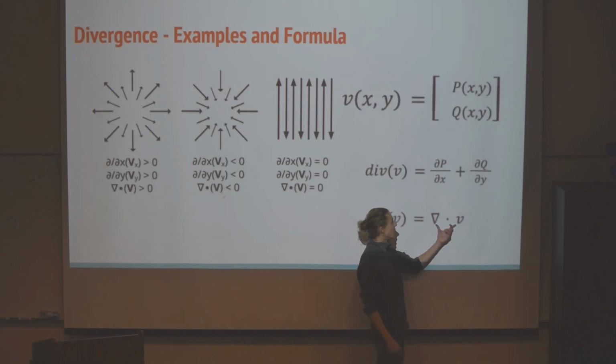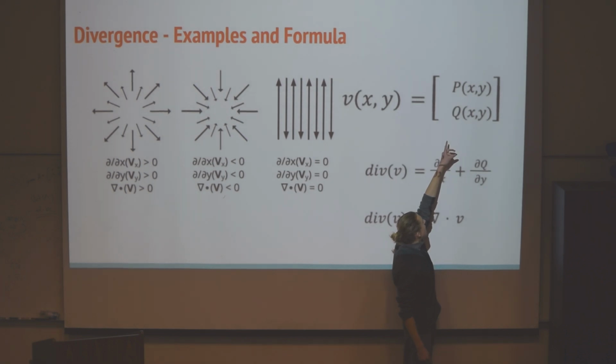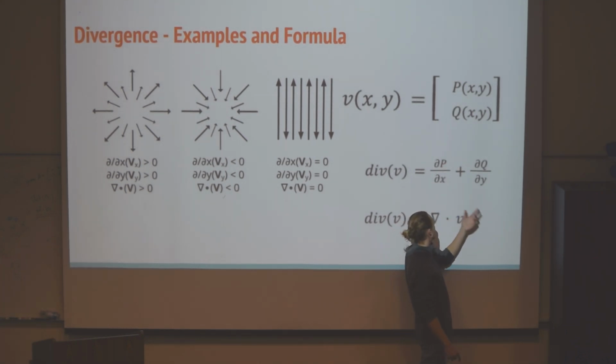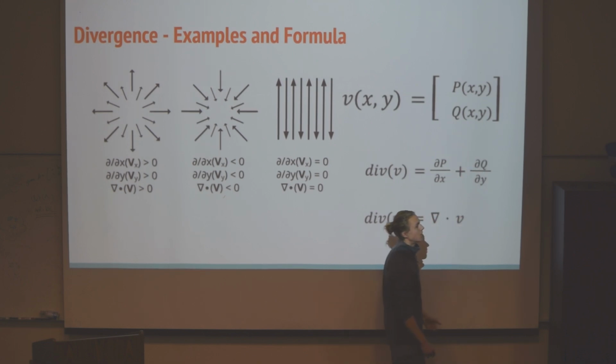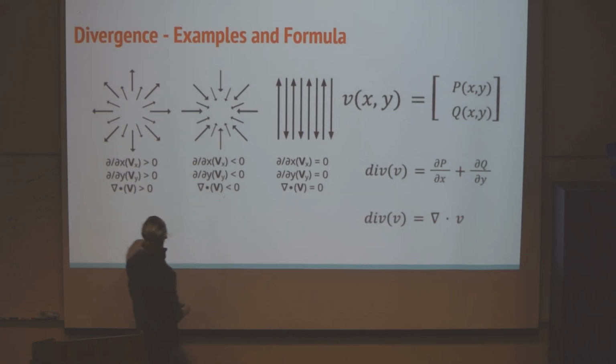And so essentially it's the dot product, right? I'm just going to multiply the rate of change with respect to x times p, which is this part, and I'm going to multiply the rate of change with respect to y times q, which is this part. So the divergence is actually just the dot product, essentially, of a partial derivative vector field.